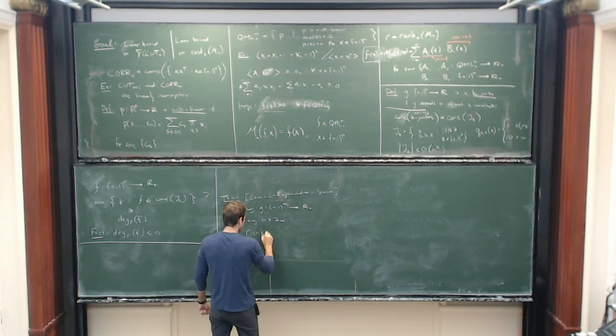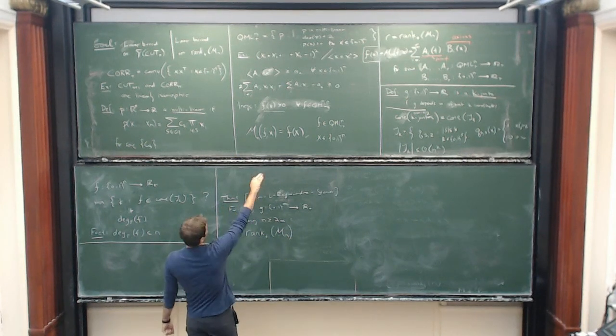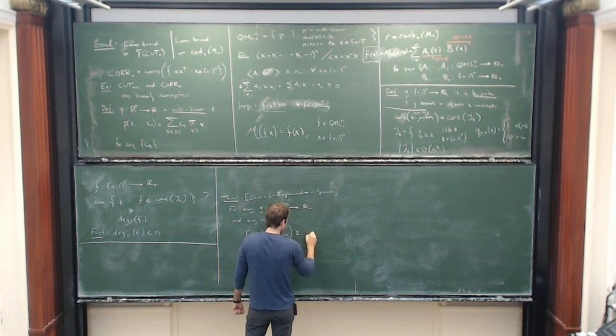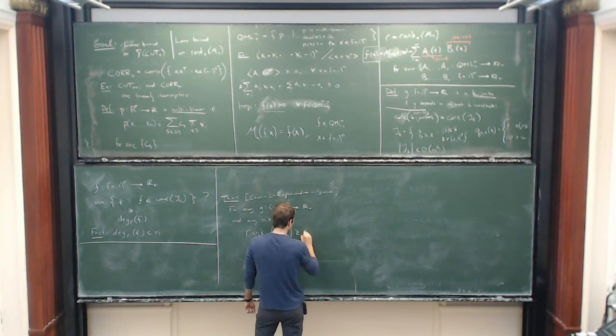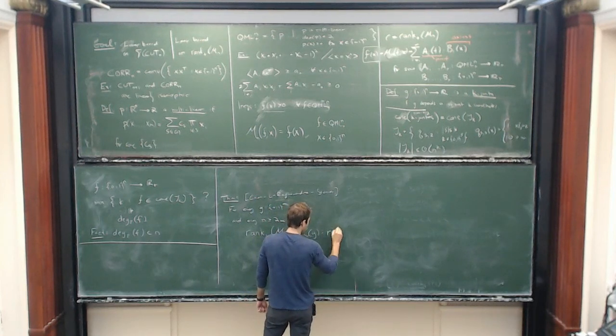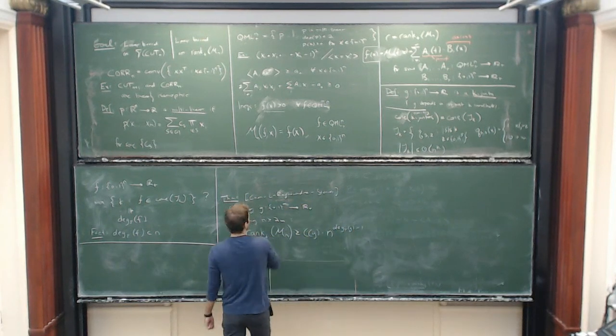The non-negative rank of M_n, which is the matrix of all the non-negative quadratic functions on the hypercube evaluated at the points of the hypercube, is at least some constant depending on g times n to the Junta degree of g minus 1. This is the theorem.